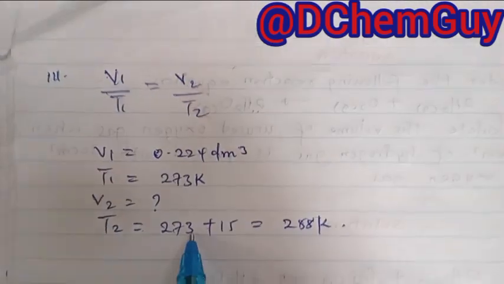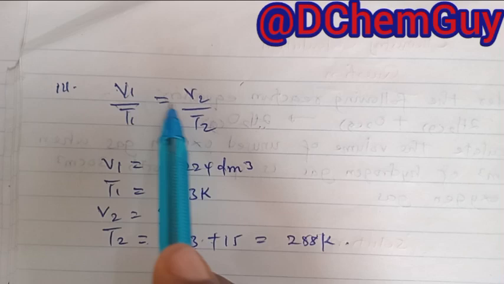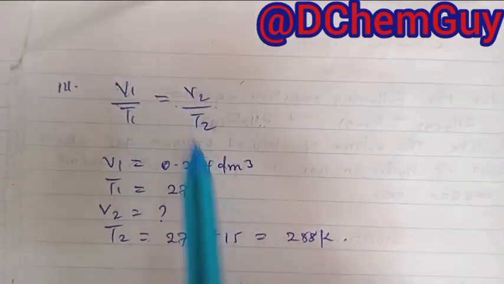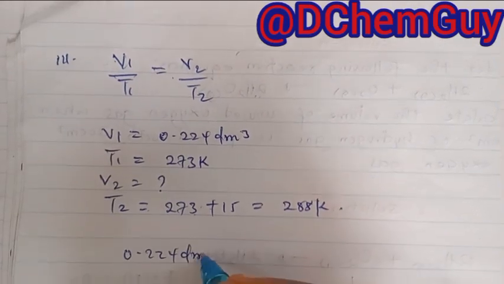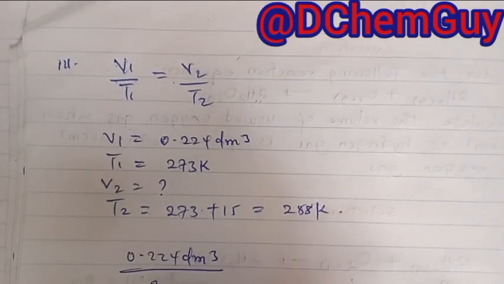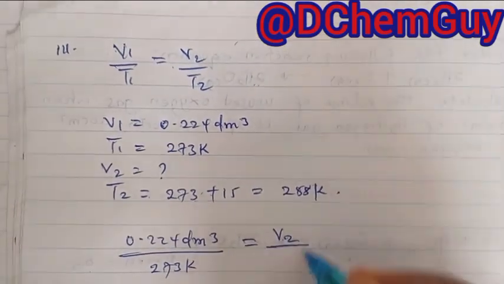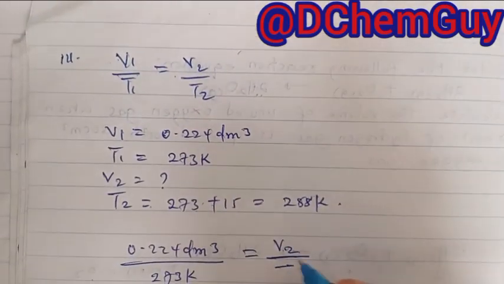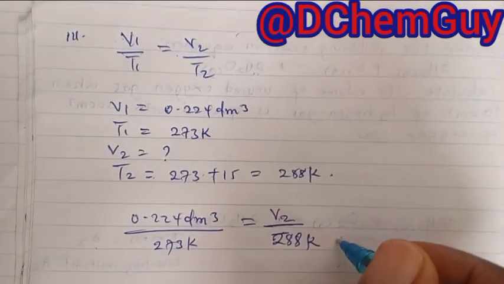So now let's replace these values in the variables here. Our V1, 0.224 dm cube over T1, 273 Kelvin, equals V2, that we are looking for, over T2, 288 Kelvin.